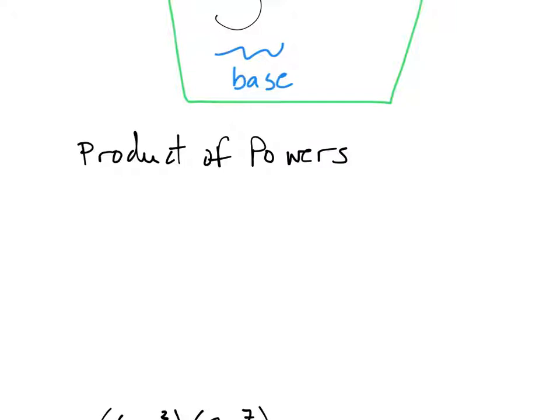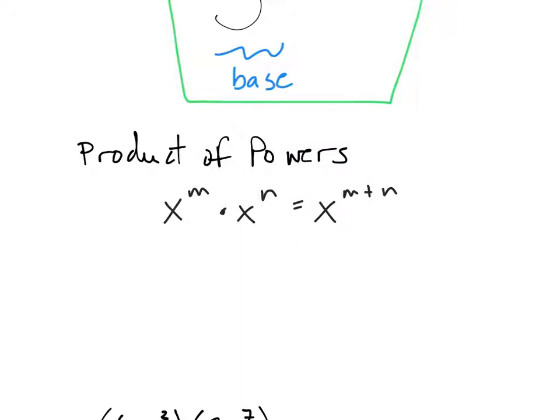The product of powers says that if you have one power multiplied times another power, and the powers have the same base, so x to the m times x to the n, then the answer is the same base, and we add the exponents together.